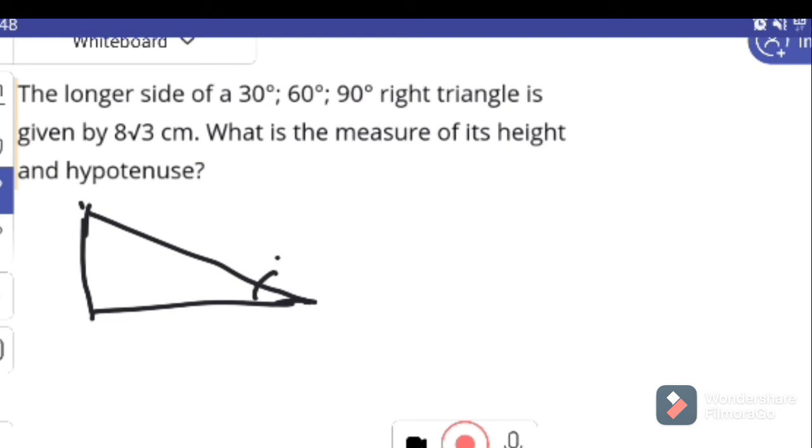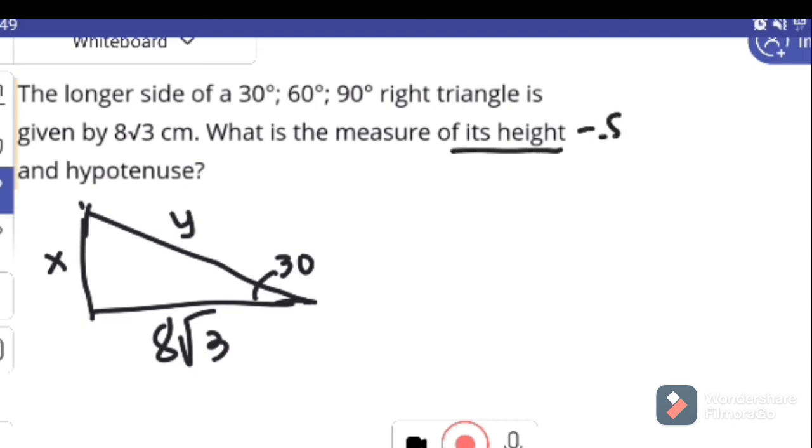This is a 30 degrees. So we have this as our shorter leg, and the longer leg, which is given, is 8 square root of 3. Now, we are going also to find the hypotenuse. Again, x is the height, which is the shorter leg, and the hypotenuse is our y.